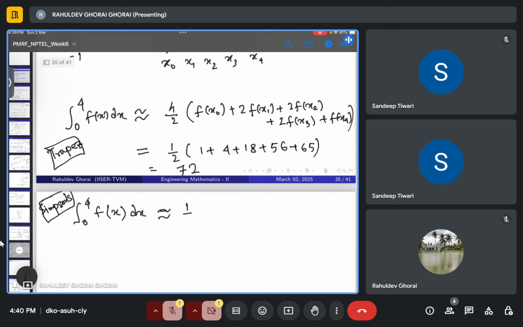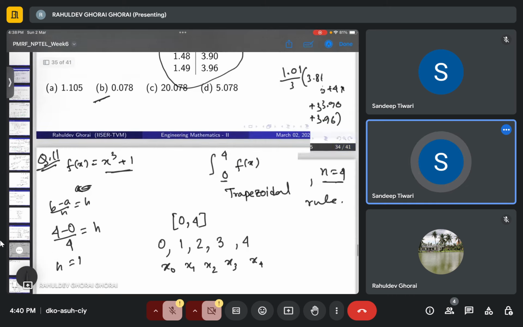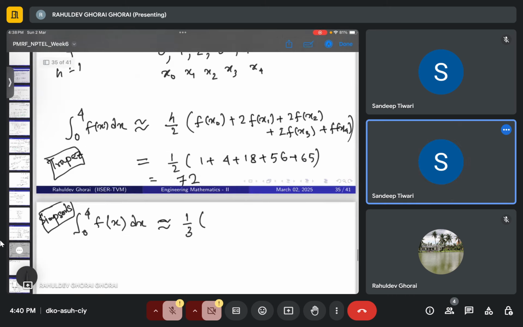H over 3 will be 1 over 3 times... what is the formula we used? y naught plus 4 y1 plus y2. Are you sure all will be 4? I think there should be something else.